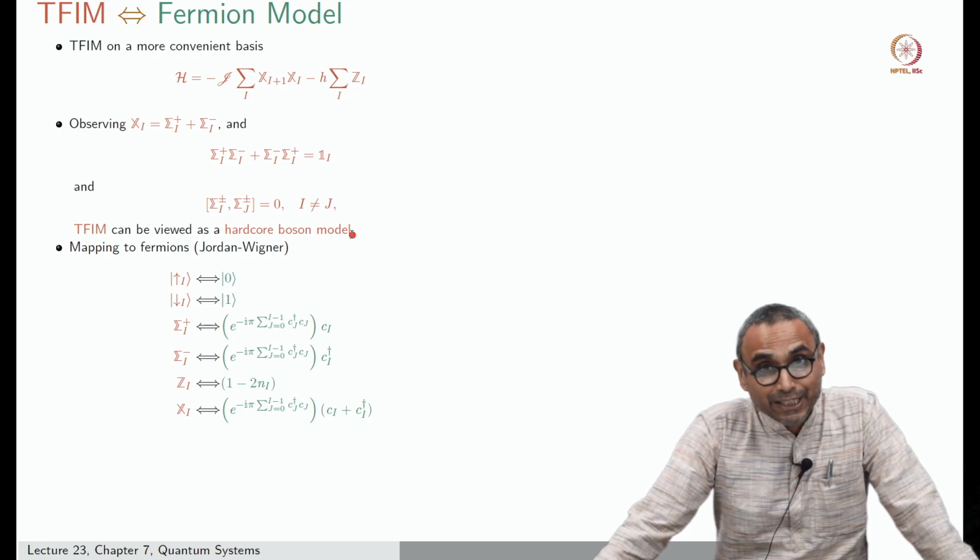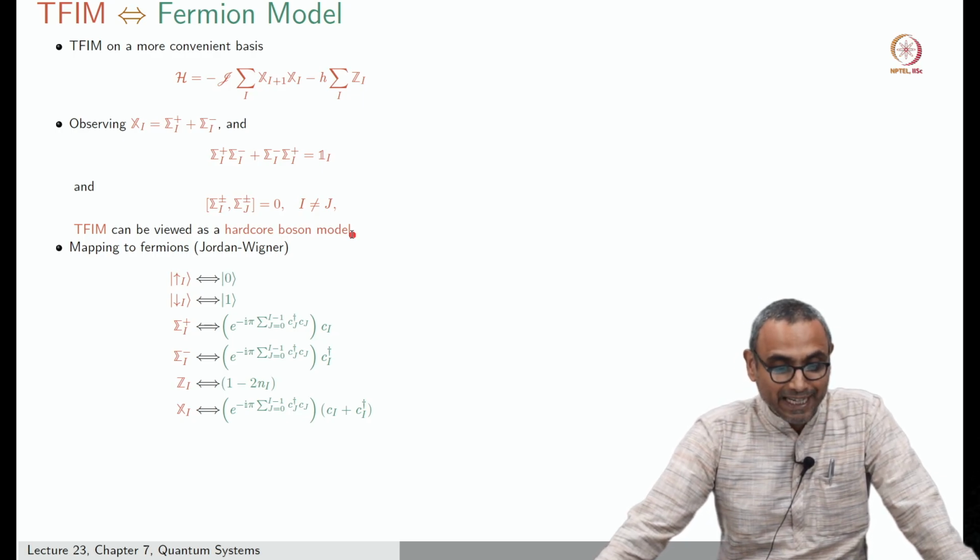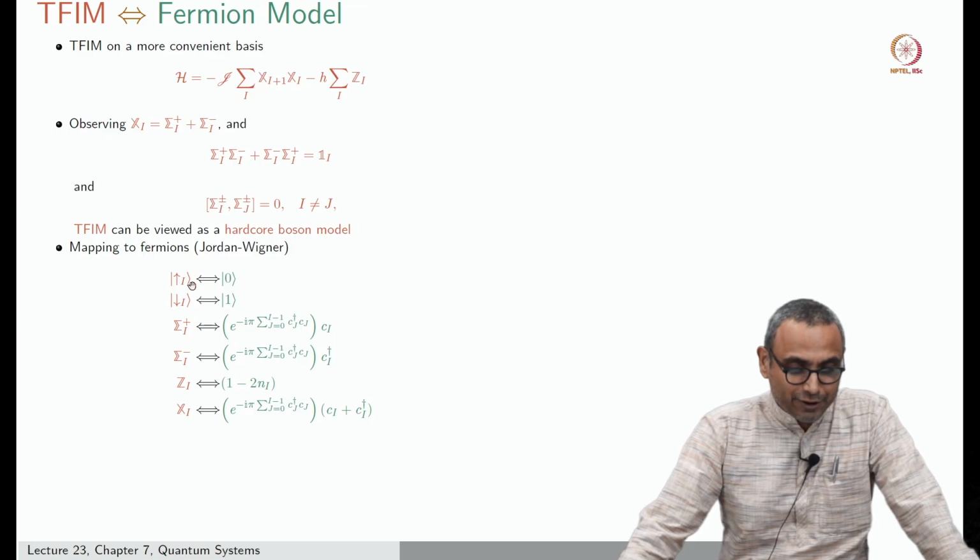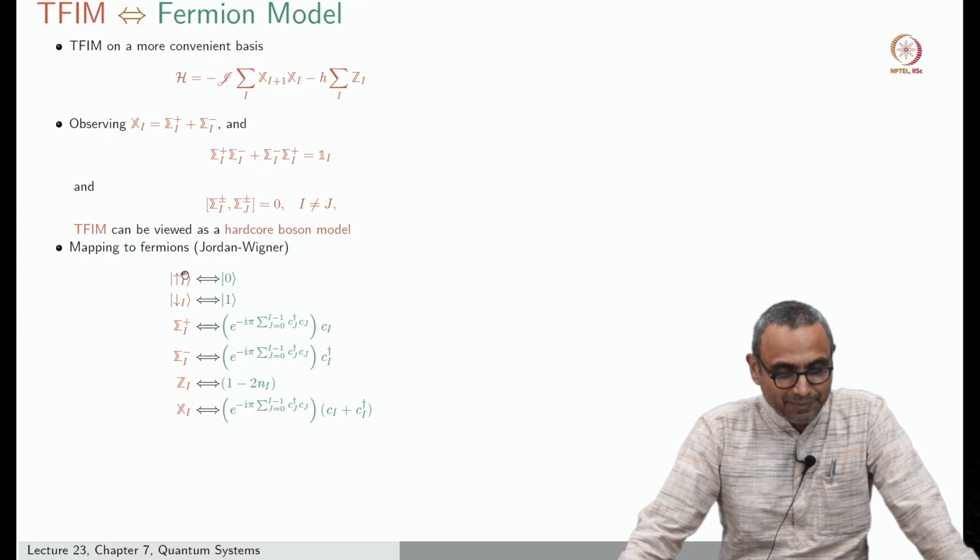But what we decided to do was to take this description instead of hardcore bosons to fermions. So, for this we map the upspin state at site i to the vacuum at site i; there is an i missing here and also here.